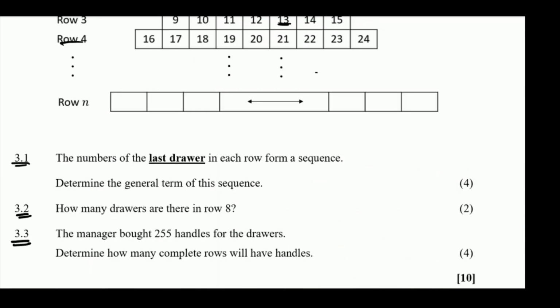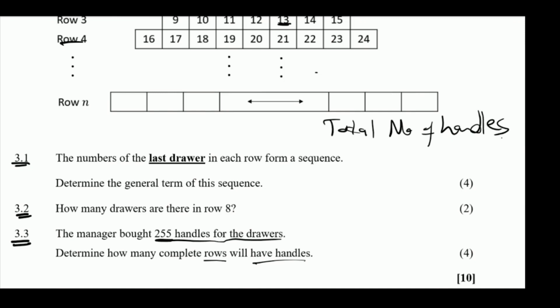3.3, the manager bought 255 handles for the drawers. Determine how many complete rows will have handles. So we know that the total number of handles that we have is 255, right?